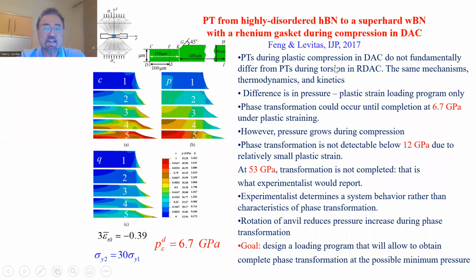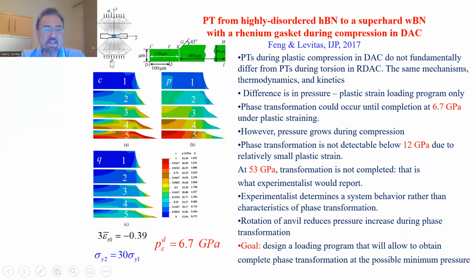Well, we already discussed that phase transition during compression in diamond cell and during torsion don't differ. And we took this into account in our model. This is the minimum pressure for plastic strain-induced phase transition, which means that at slightly higher pressure, we can run phase transition to completion by applying very large plastic strain.